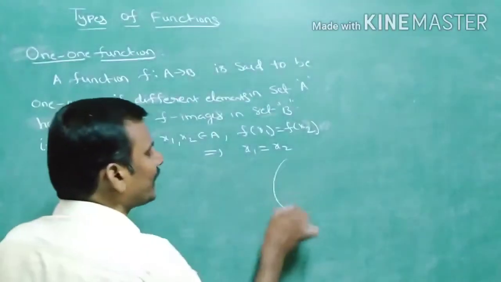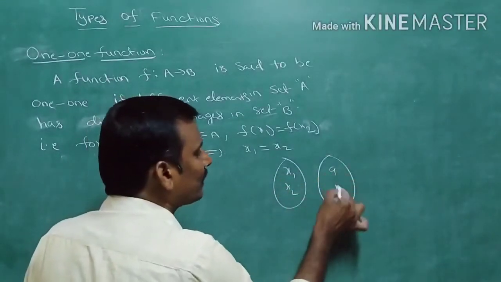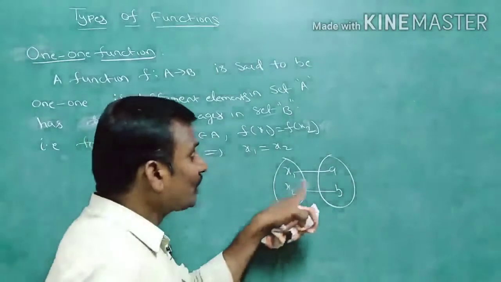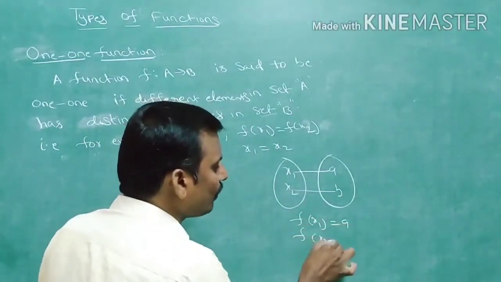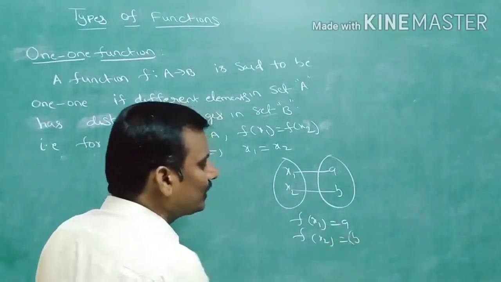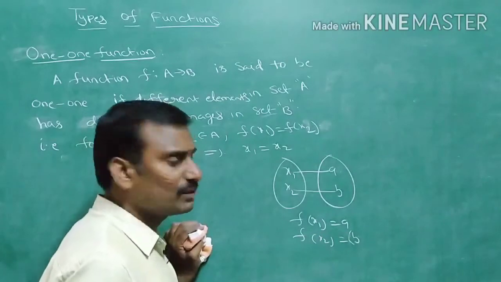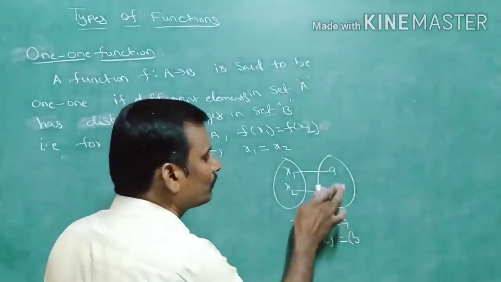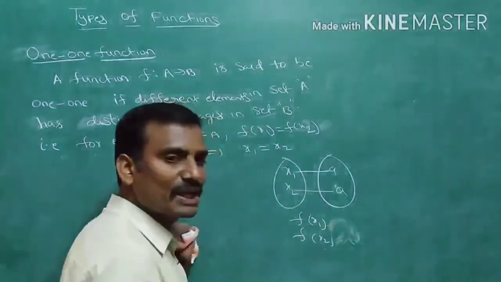Suppose you take x1 and x2 with images, f of x1 is equal to a, f of x2 is equal to b. Are these two equal or not? a is not equal to b. If these two are equal, it is also a, then f of x1 is equal to f of x2.